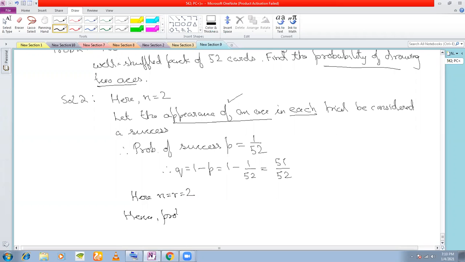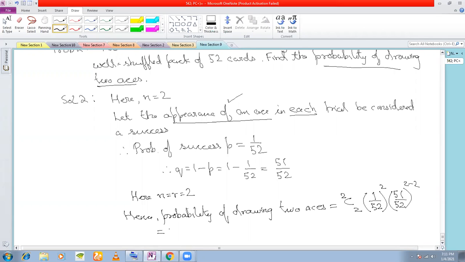Hence, the probability of drawing two aces is equal to nCr, n is 2, r is 2, p to the power of r, 1 by 52 to the power of r, into q to the power of n minus r, 51 by 52 to the power of 2 minus 2.